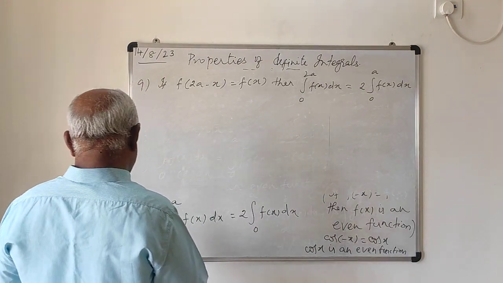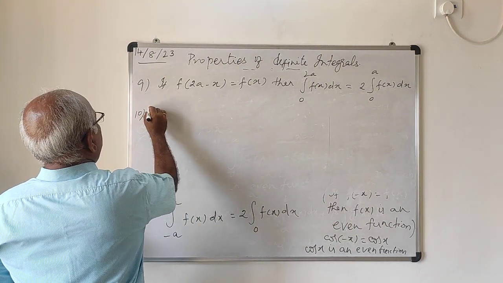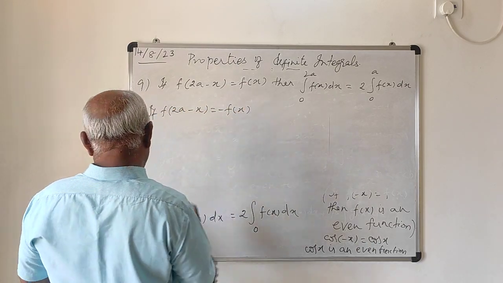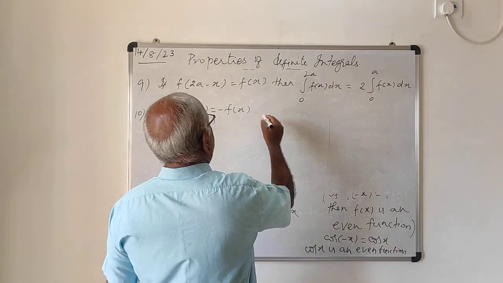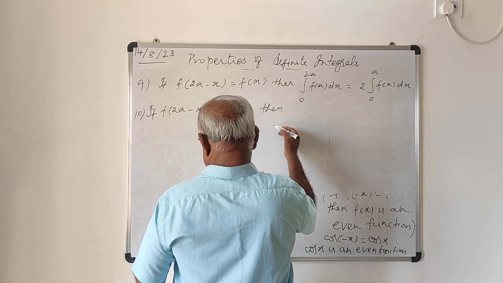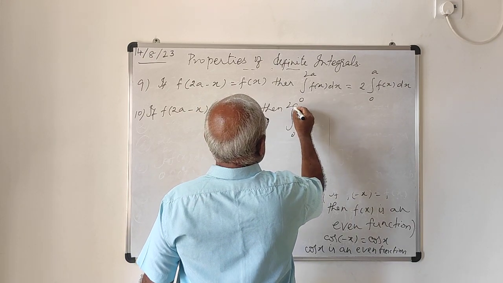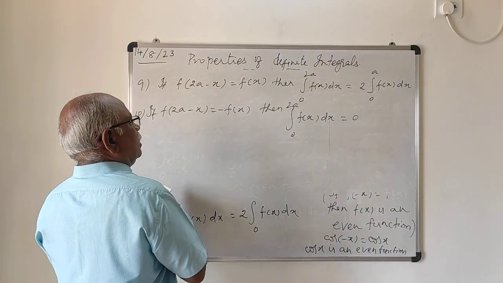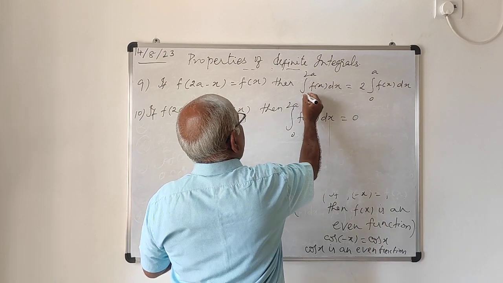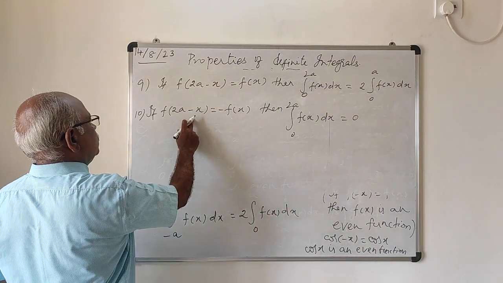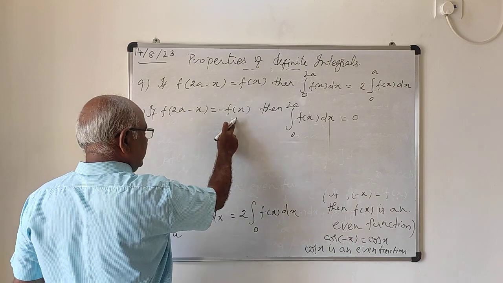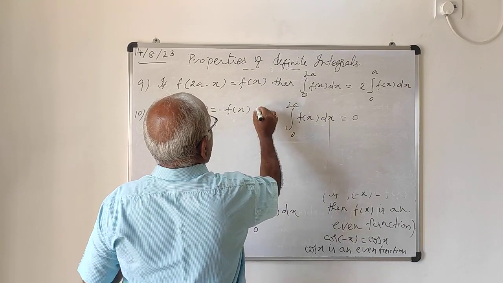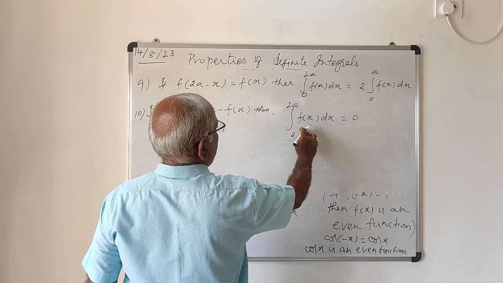Okay, this is property 9, and next one, the 10th one. If f of 2a minus x equals minus f of x, then the integral from 0 to 2a of f of x dx equals 0.